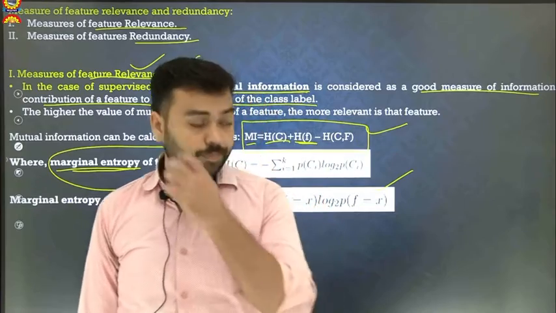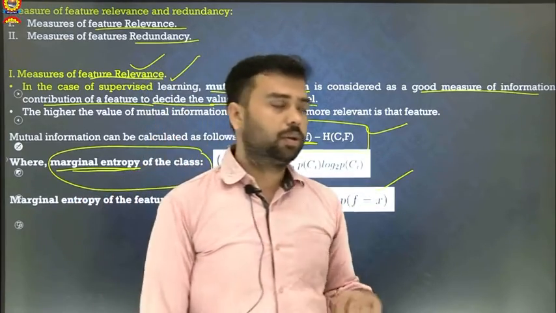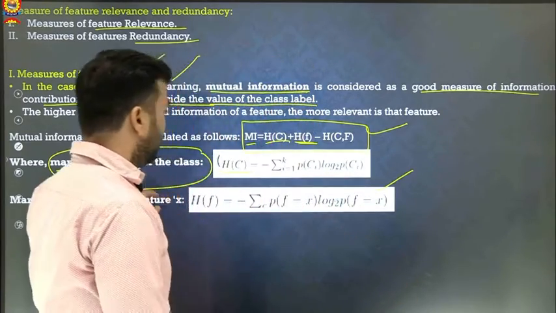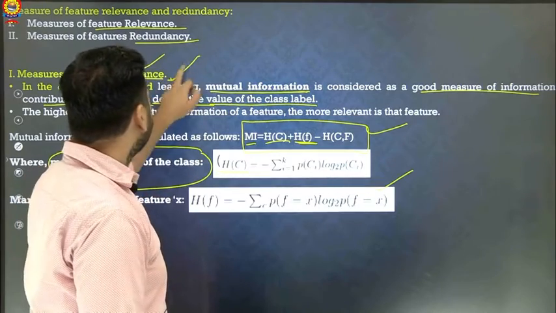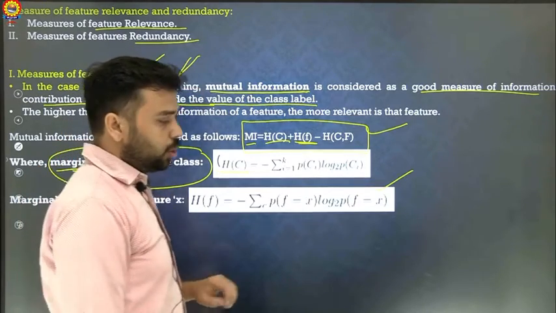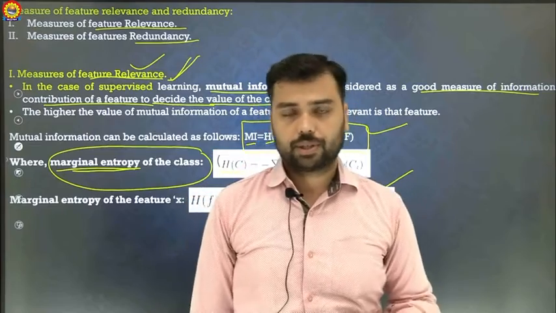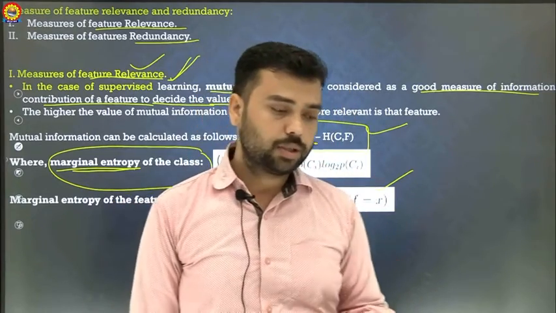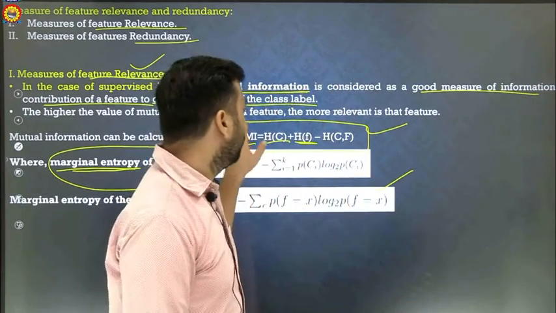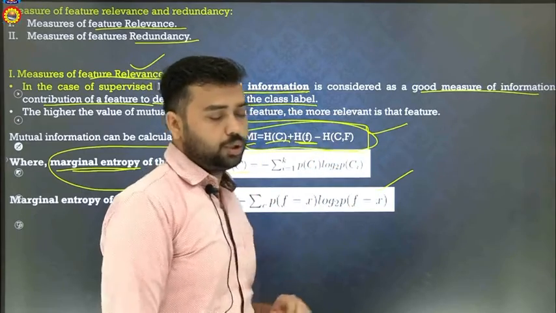Yes, okay. So I am talking about how we can calculate the feature relevancy. We use marginal information, and we use this particular formula in the case of supervised learning.